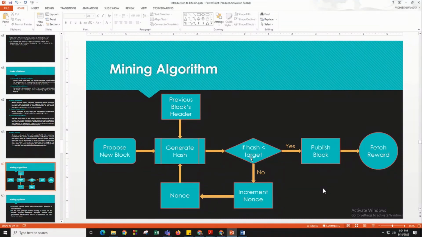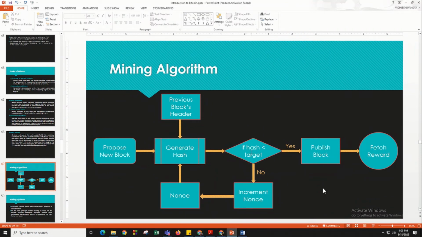મેં પહેલા કહ્યું ને, જો નાની છે that means you can publish that block and then we are going to fetch the reward. Okay, but જો એ વેલ્યુ નાની નથી તો we are going to increment the nonce. જે બી nonce વેલ્યુ આ increment કર્યા પછી again we are going to give it to generate hash and then we are going to generate the hash value again. It will be checked.